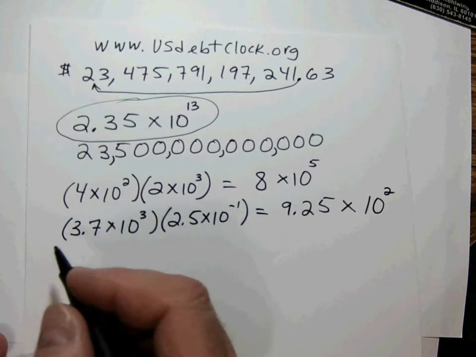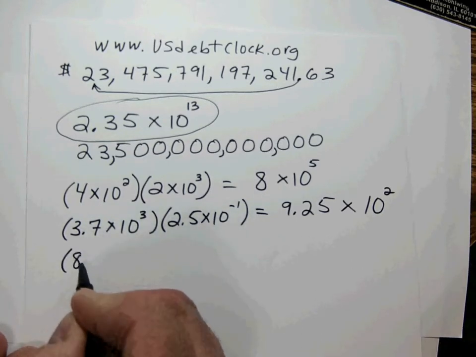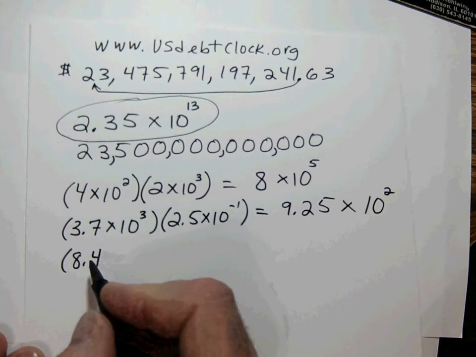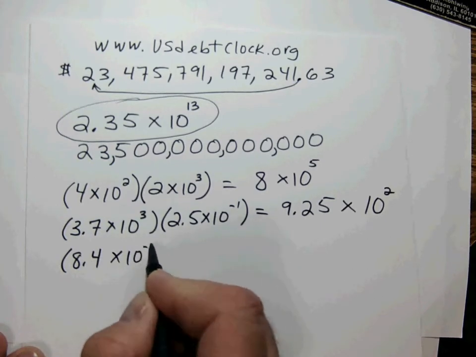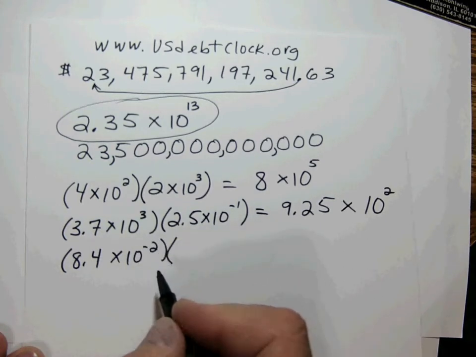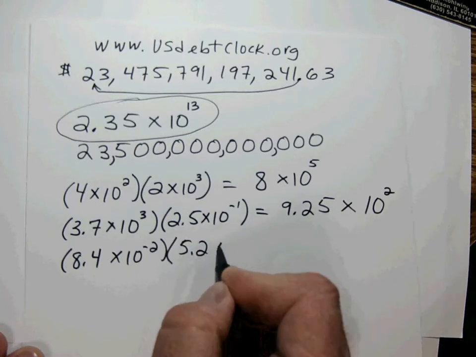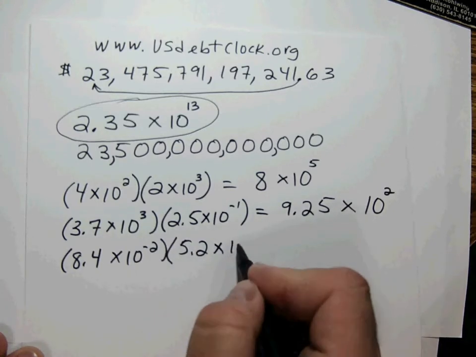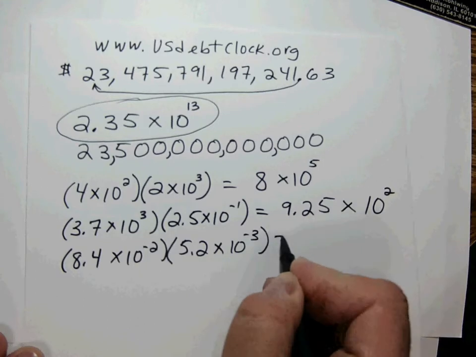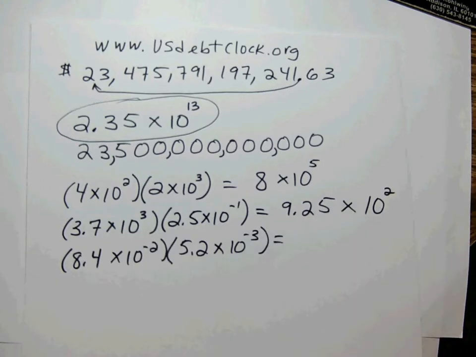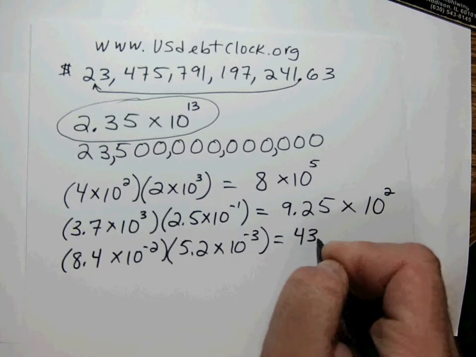C is where we're going to have to do a little extra, because I've got 8.4 times 10 to the negative 2 power. And I'm going to multiply that by 5.2 times 10 to the negative 3 power. And when I multiply the 8.4 and the 5.2, I get 43.68.